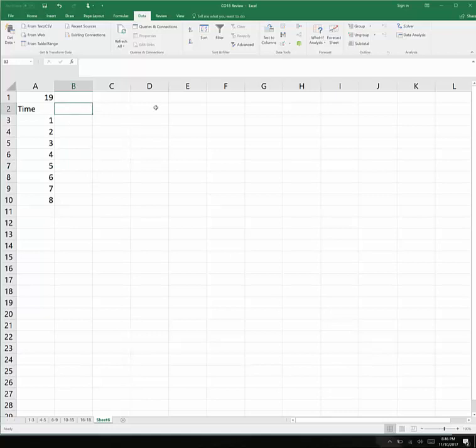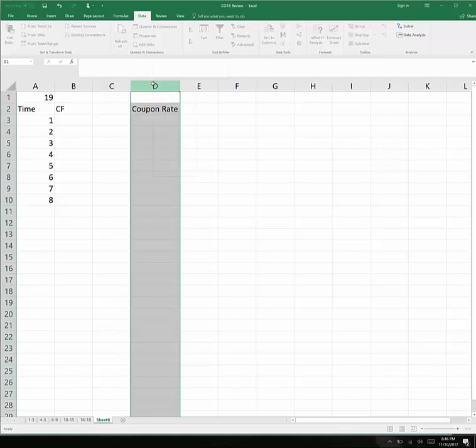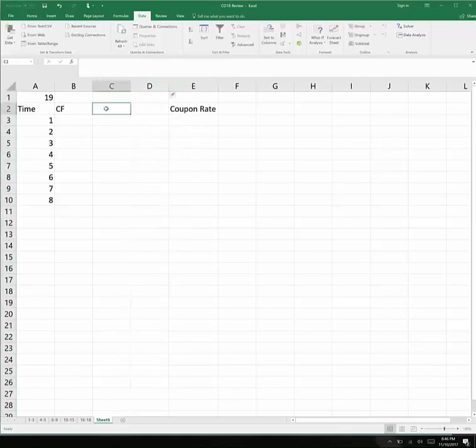We're going to solve for the coupon rate, so let's put the coupon rate here. Remember, again, the semi-annual problem, so we have to keep that in mind as far as how to treat our interest rates. So we need our cash flow, our present value, and then here our price.